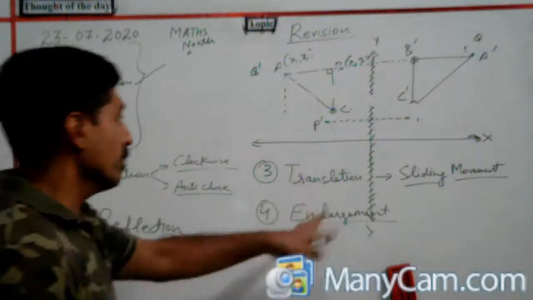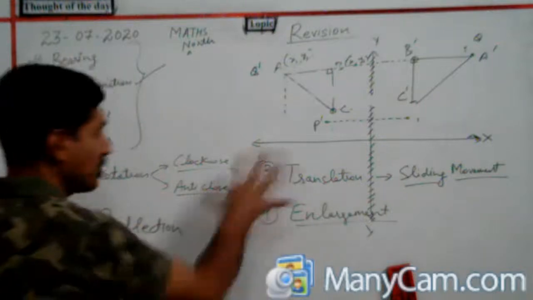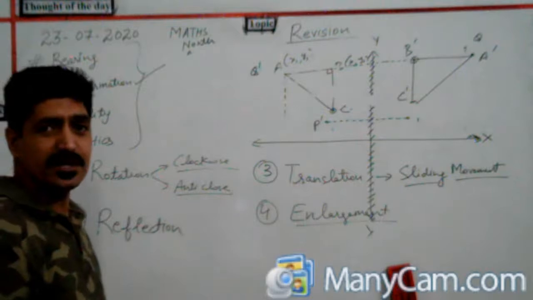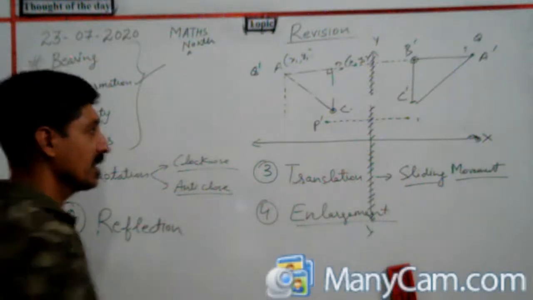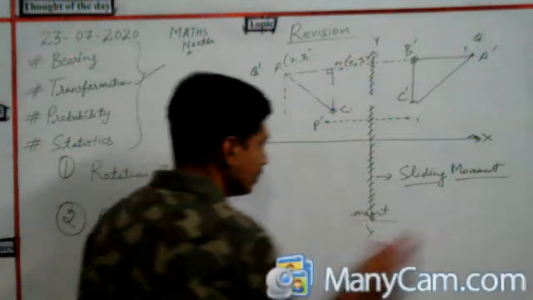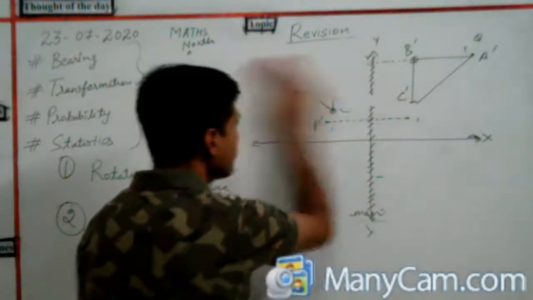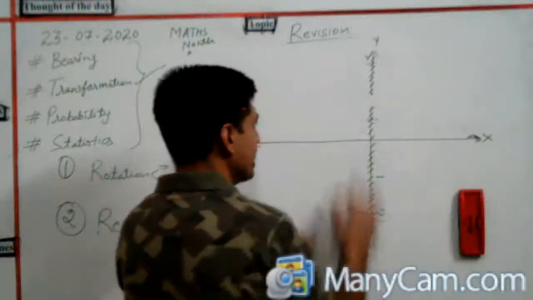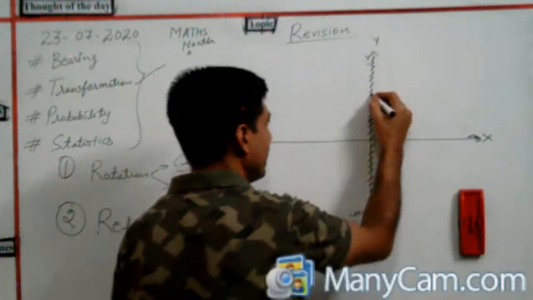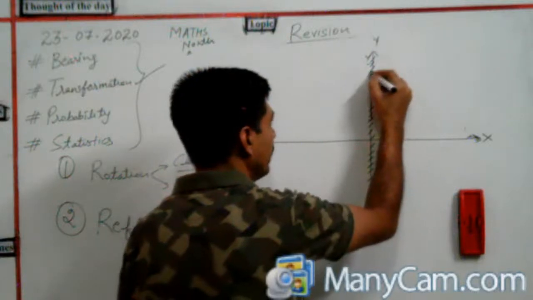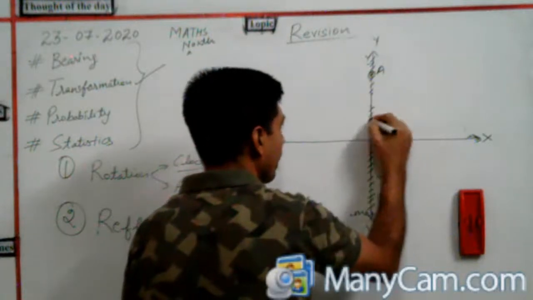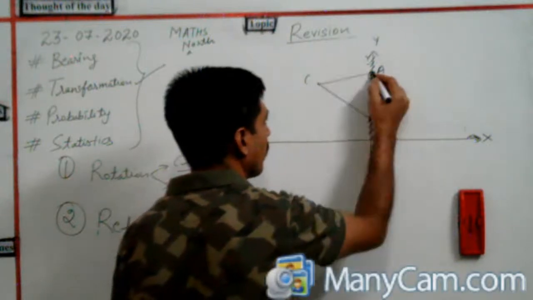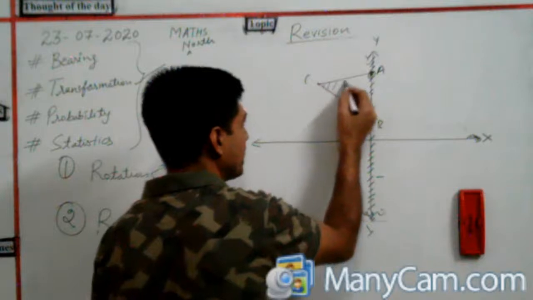Now for reflection, if the object is lying on the axis, then where will the mirror image or the reflection be? Suppose this triangle lies on the y-axis. Suppose here we have a triangle, one point is A, one point is B, and one point is C. This is a triangle ABC.